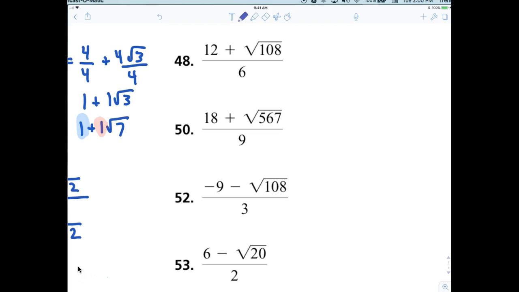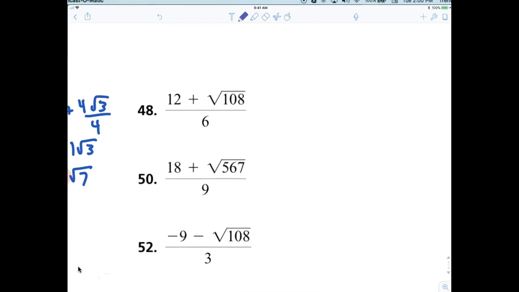So the first thing we need to do is simplify the square root of 108, which we just did. That's 36 times 3. So the square root of 36 is 6. So that's 12 plus 6 radical 3 over 6. Now you're supposed to recognize that each one of these can be divided by 6.